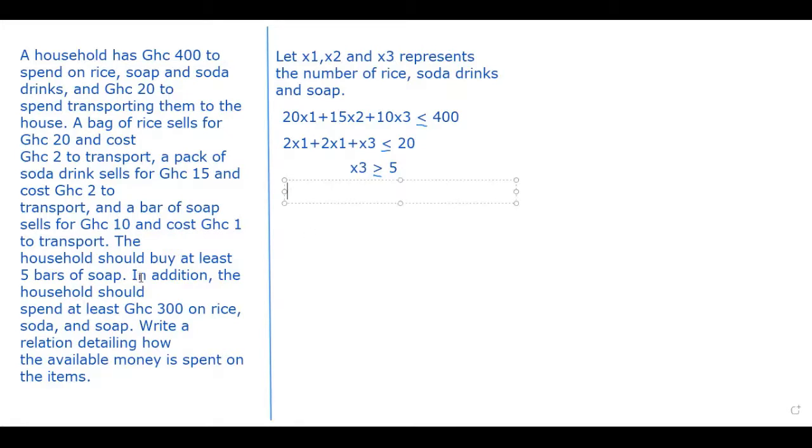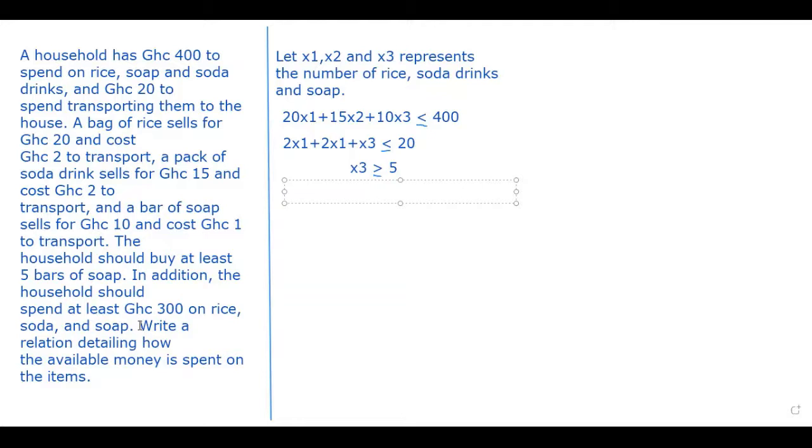So the last one too, in addition, the household should spend at least 300 cedis on rice, soda, and soap. So the least they must spend out of the 400 cedis on these 3 products is what? 300 Ghana cedis.